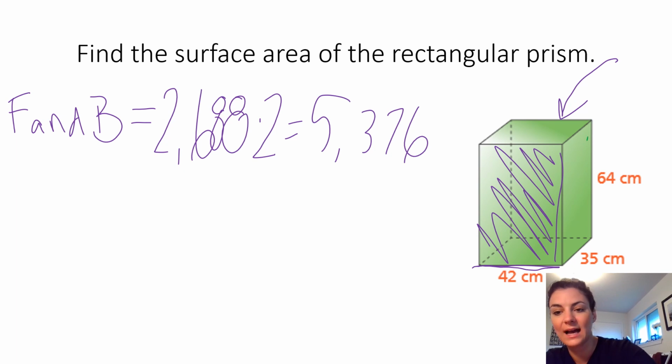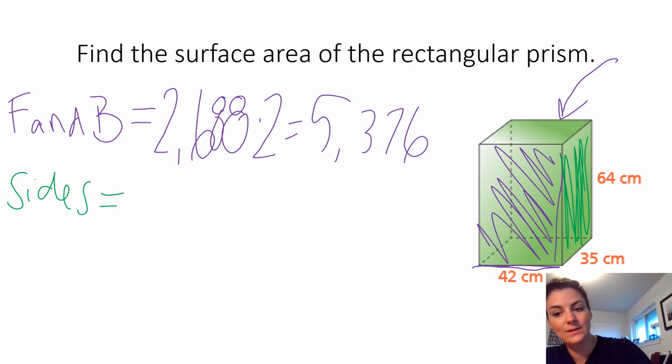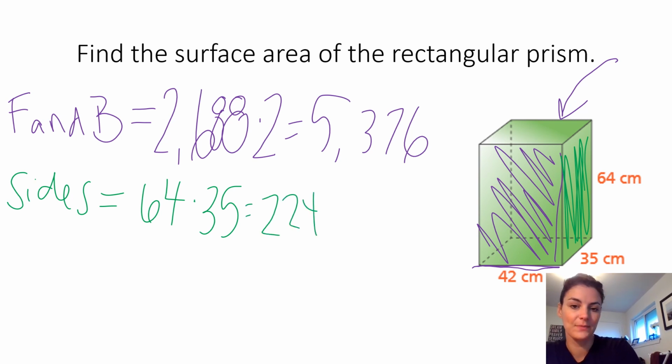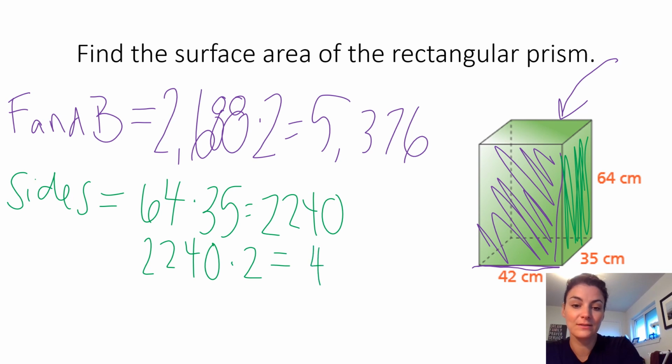Okay, so let's do the sides. So sides, it's 64 is the height times 35 is the base of that side. So 64 times 35 is 2,240. And then we're going to multiply that by 2 because there's 2 sides. 4,480.